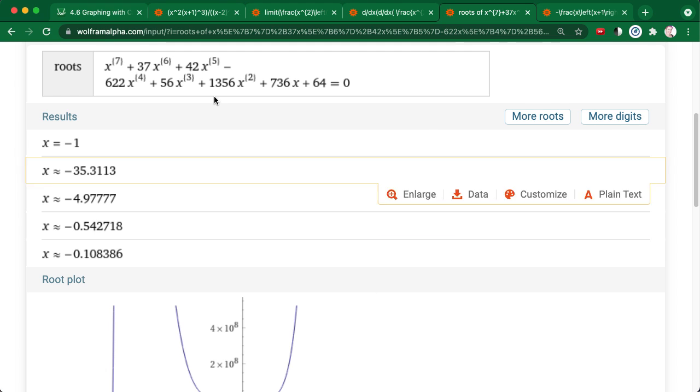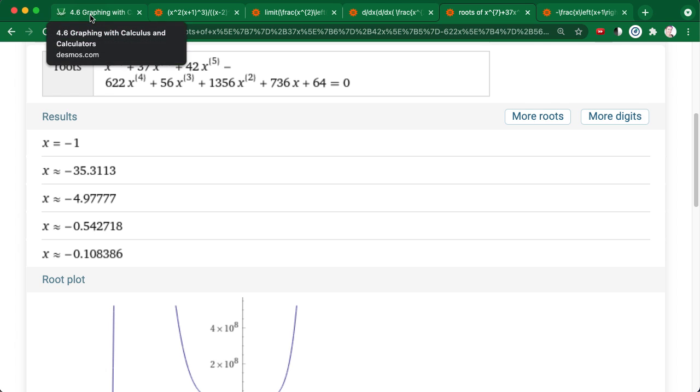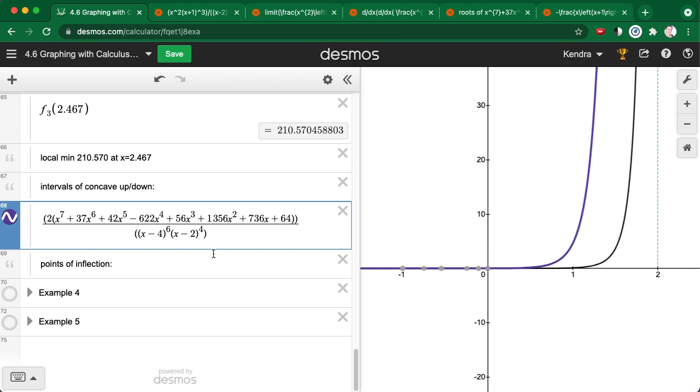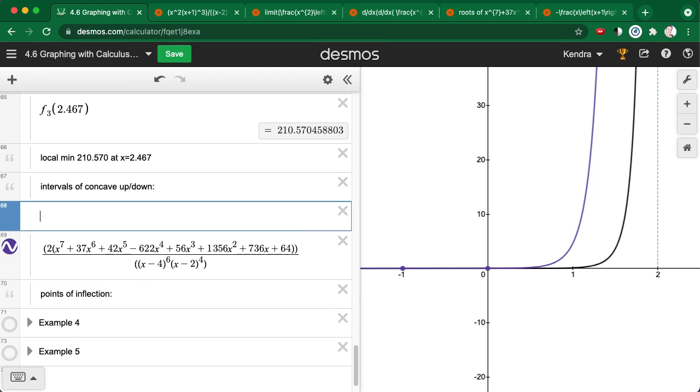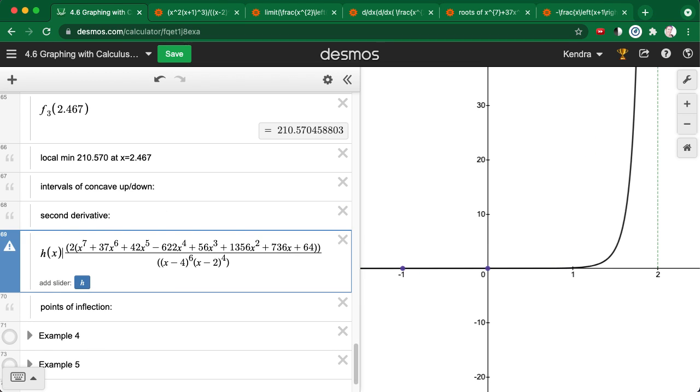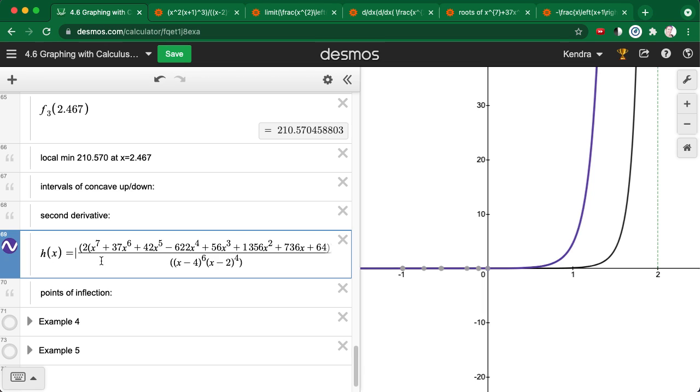So, -35.3113. So this is the second derivative. And I'm going to call this h of x equals that.